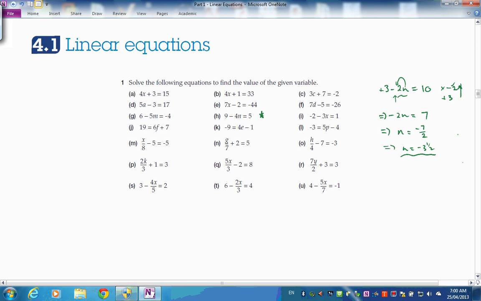Generally, it's deemed that the simplest form for the answer is a mixed number like that. Here you can call it neg 7 over 2, or 7 over neg 2, or neg level with the line. They all mean the same thing.